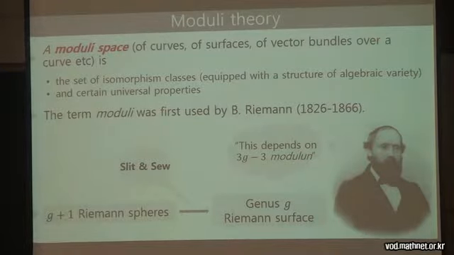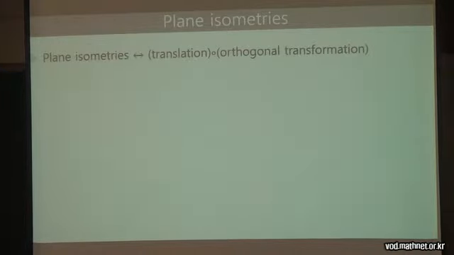Although this has got nothing to do with algebraic geometry, I want to start by talking about plane isometries. An isometry is a map which preserves distance. We learned from an undergrad course in geometry that a plane isometry is a composition of an orthogonal transformation and a translation.